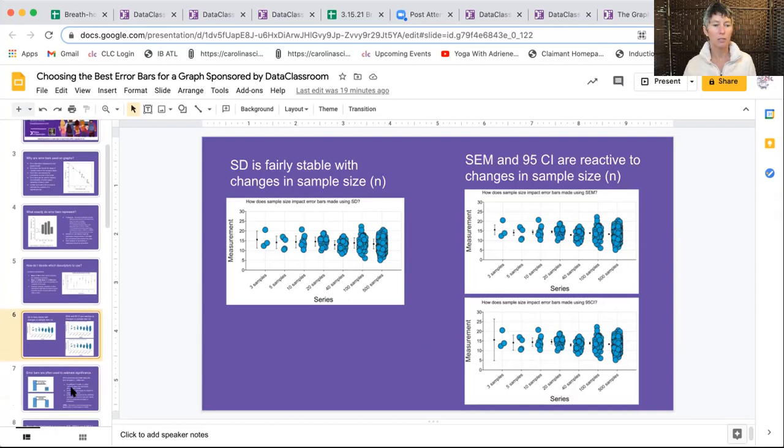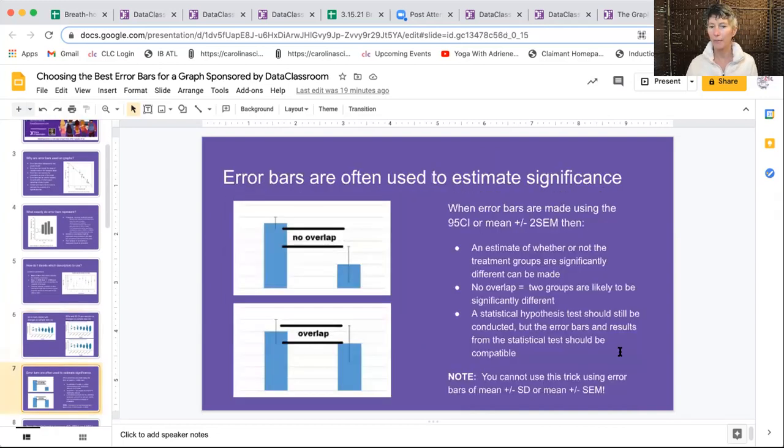So let's look at one more thing that might influence the choice of what type of error bars a student chooses to use. The error bars, particularly in AP and IB classes, students are taught that their error bars, if they create the error bars correctly, can be used as a predictor of a statistical hypothesis test.